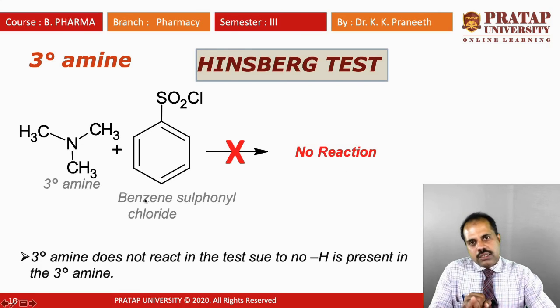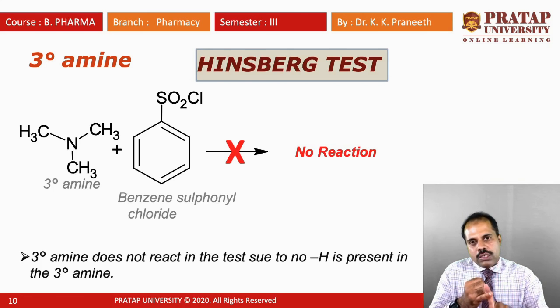If there is a reaction and it produces a product, you can do spectroscopic studies to find out what the product is. That is beyond this topic, but we can find the product easily. If a product is formed and it is water soluble, then it is a primary amine.